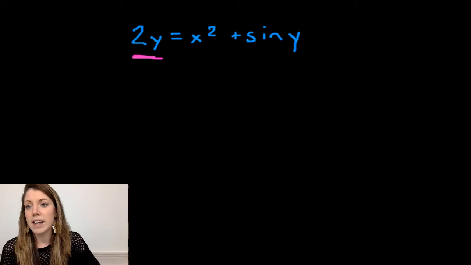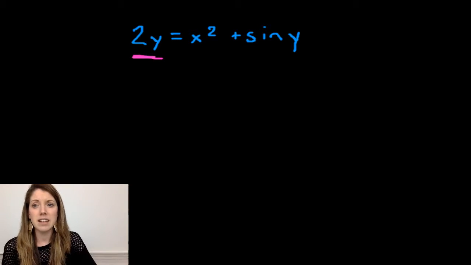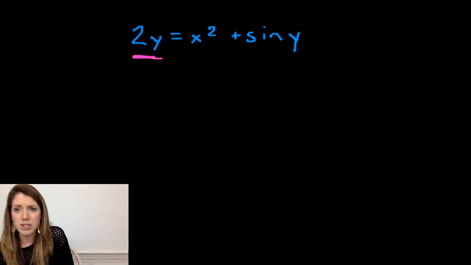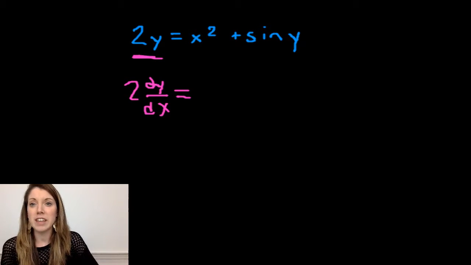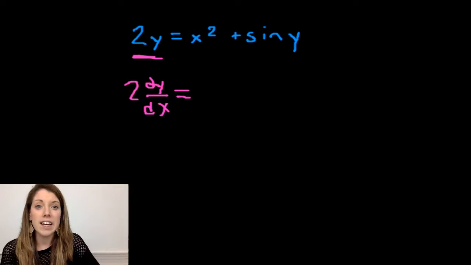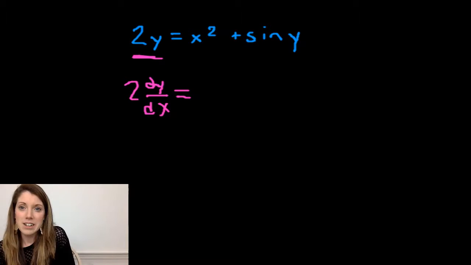So 2y, we could just make that like 2 dy dx. It's sort of a chain rule, but not even really using what we know about implicit differentiation. But that's not really what makes this example tricky. It's the fact that y shows up twice in this equation. Did you notice that? Right over here, there's another y.